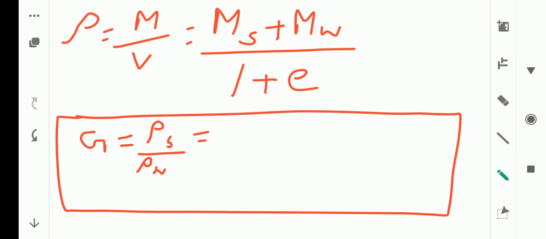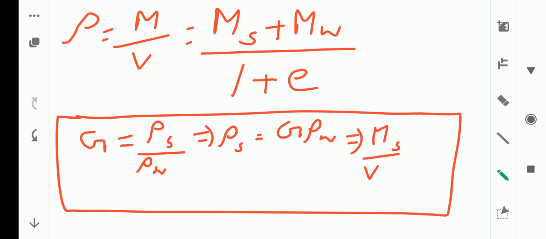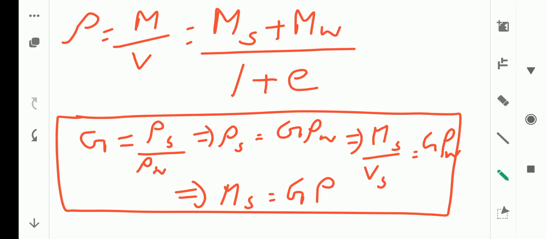So we can say that density of solids is equal to G into rho W. Correct? Or we can write density of solids as mass of solids divided by volume of solids is equal to G rho W, and hence we can write mass of solids is equal to G rho W into volume of solids.